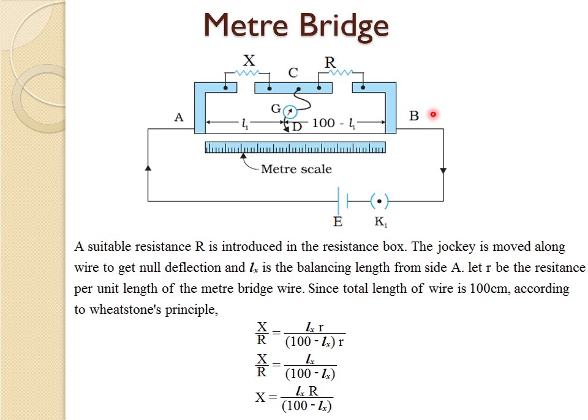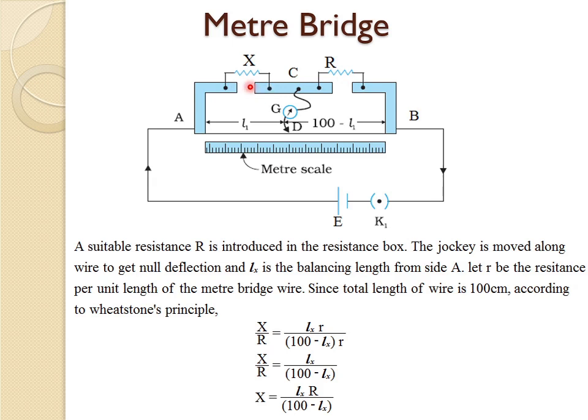We have two L-shaped copper strips and a straight copper strip fixed on the wooden base. And then we have the two gaps. Here is one gap and this is another gap. The strips are provided with terminals to fix the connecting wires.